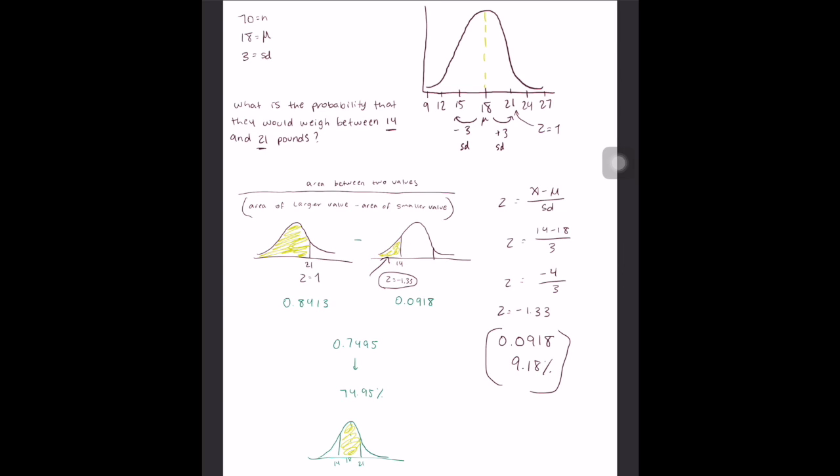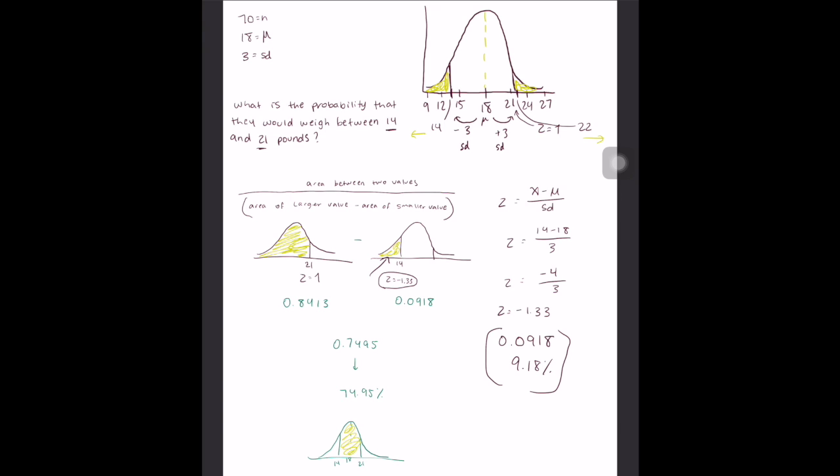And interestingly enough, it is the same probability as finding a puppy weight above 22, because on this distribution, 14 and 22 have the same z-score, except one is negative and one is positive. Because this distribution is always symmetrical, there's going to be the same probability of finding a puppy weight below 14 and above 22. That's always the case with a normal distribution, and that's what makes it really special. But let's go back to the question.